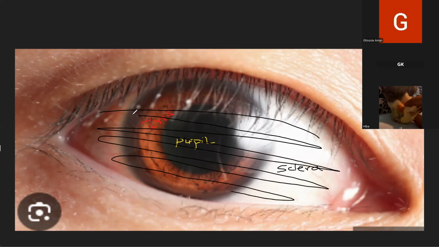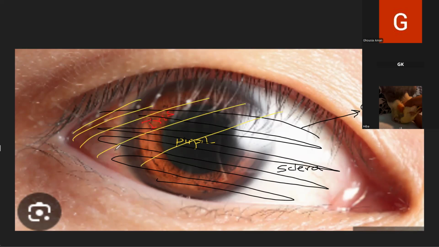This glassy, transparent layer is cornea. Above the cornea, there is a transparent membrane to protect the cornea and to protect the entry of germs. This transparent layer is called conjunctiva.